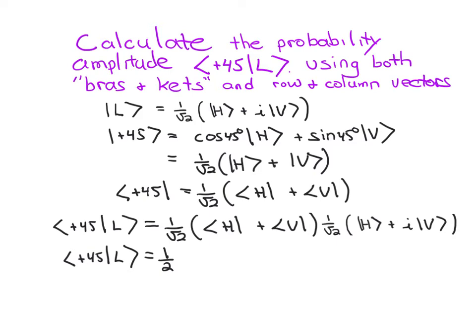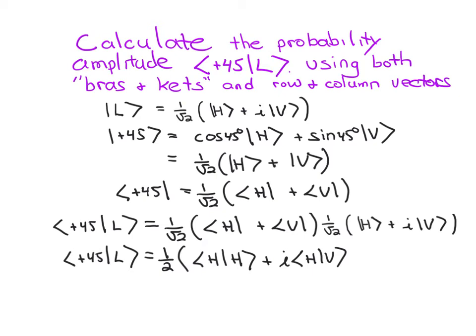So I can write this as there's a factor of H inner product with H and a factor of plus i times inner product of H with V. That's these first two terms, this times this and this times this. And then there are two more terms.